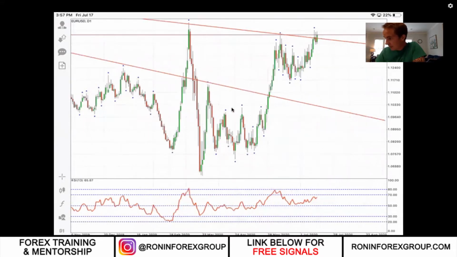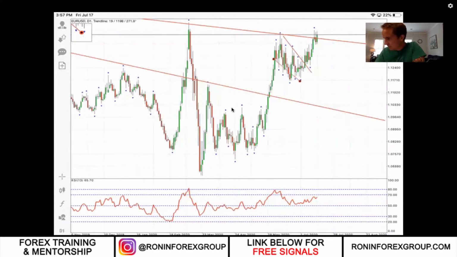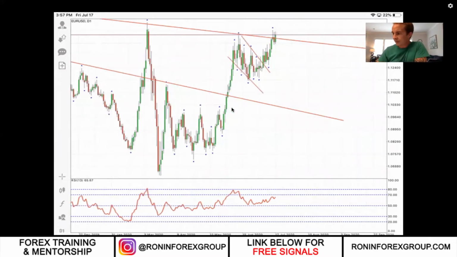Here is a nice bear flag, which we broke out of. You can see this bear flag action, which happened. Here we are, outside of it, and we are starting to crest above this last trend line.